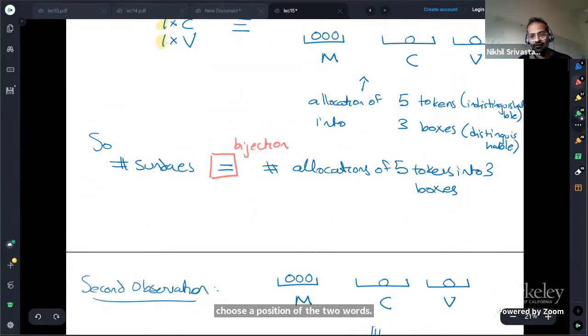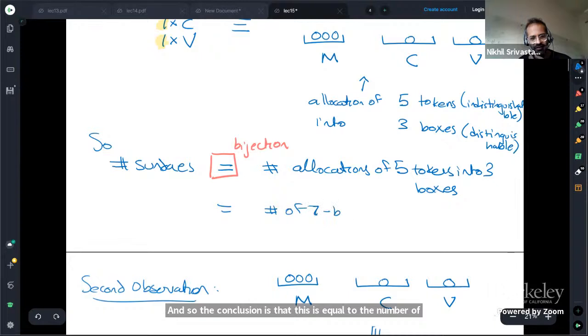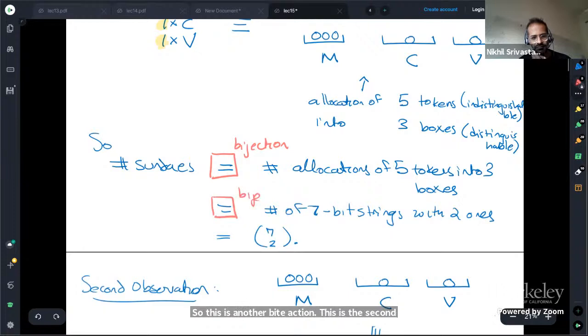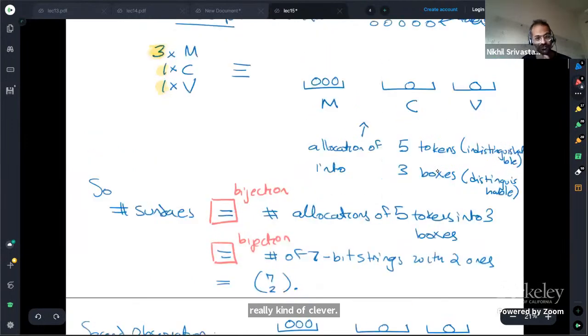And so the conclusion is that this is equal to the number of 7-bit strings with 2 ones, which is equal to 7 choose 2. So this is another bijection. This is the second observation. These are not complicated bijections, but they're really kind of clever. They require a real change in perspective.